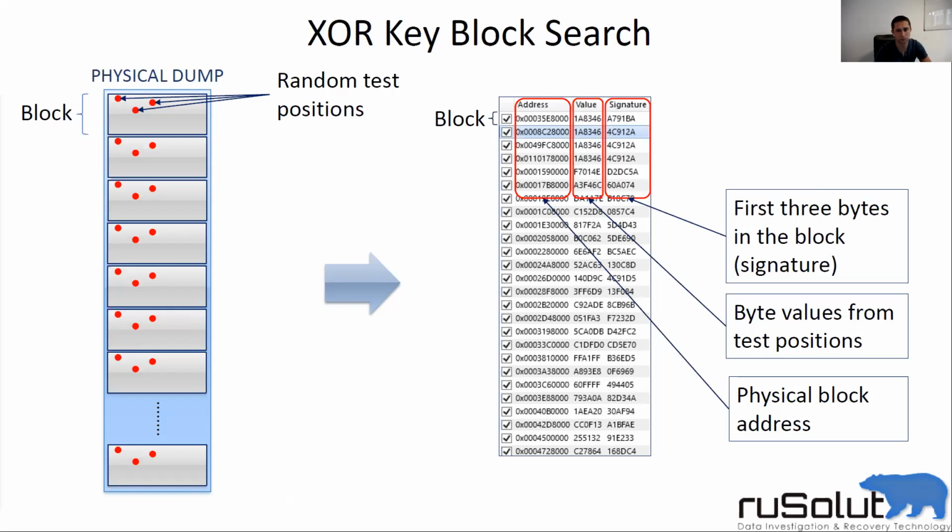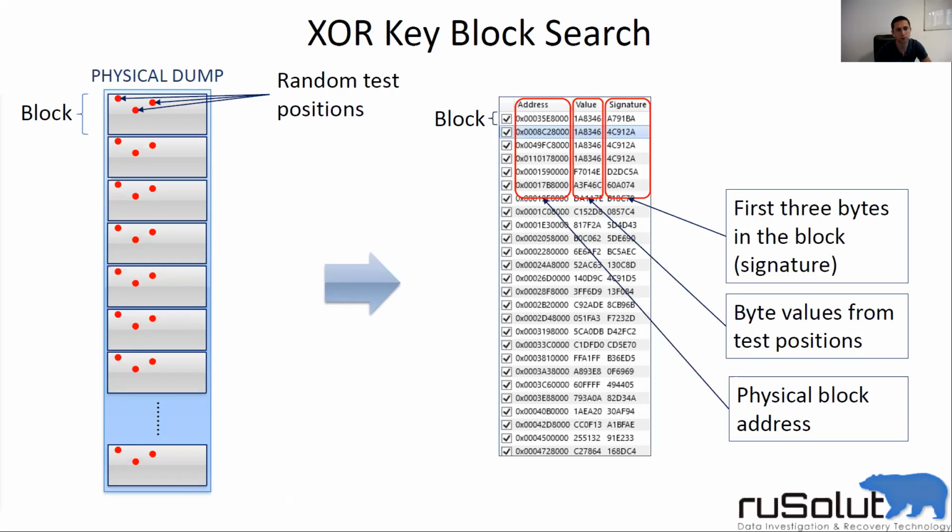Sometimes we can see by some coincidence similar data without XOR key. But in many cases, this approach works. I would say in most cases, this approach works. And if we find several blocks with the same data, there is quite a big chance that those blocks will have the XOR key inside.